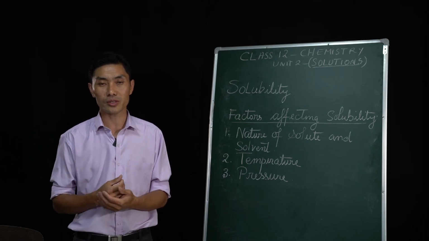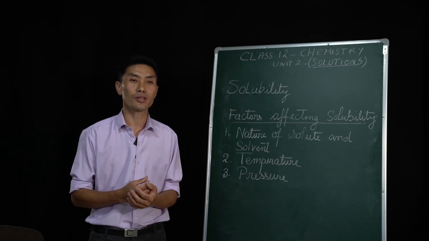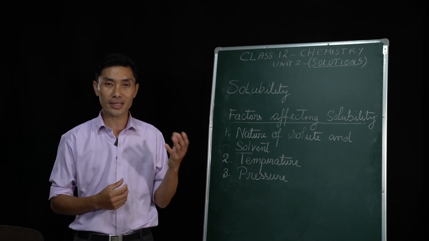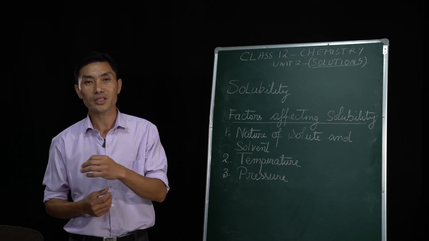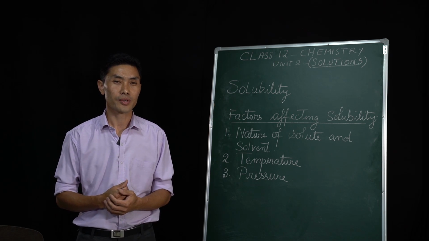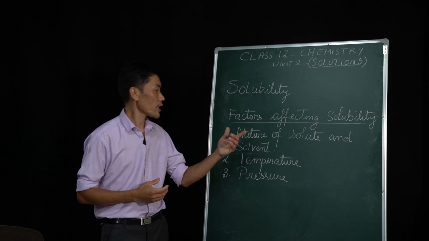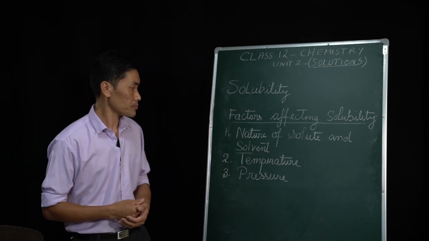Water is a polar solvent. But if we take HCl gas, vapors of HCl, we can dissolve this easily in water because HCl is a polar compound and water is a polar solvent. So for gases also, the nature of solute and solvent plays an important part in the solubility.